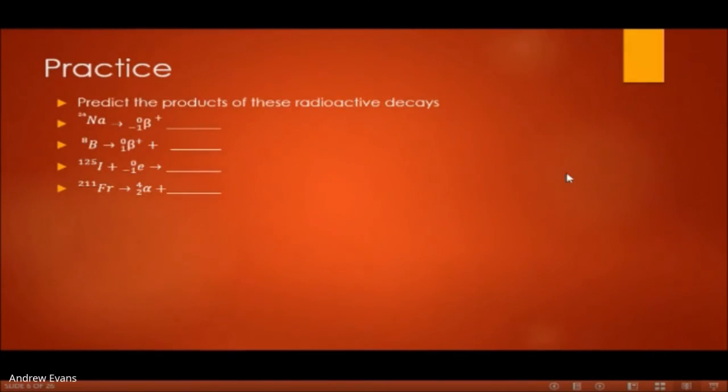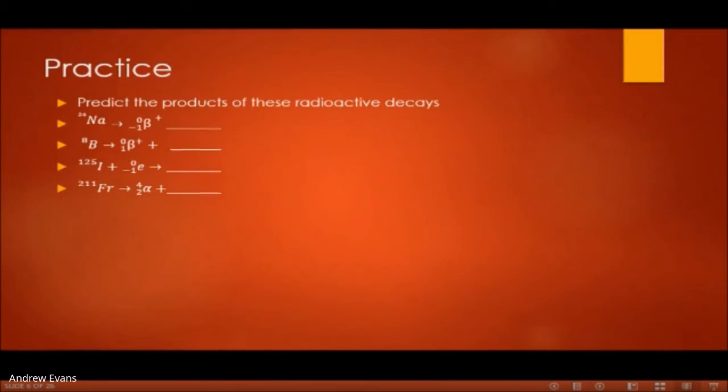So predict the products of these decays. You'll have to be able to do this on the test. Not too hard, but you have to be able to look at a periodic table and figure this out. Sodium-24 yields beta and what? Let's see.